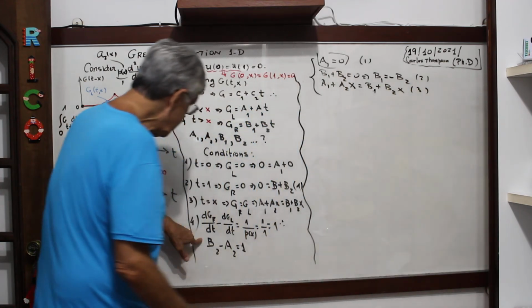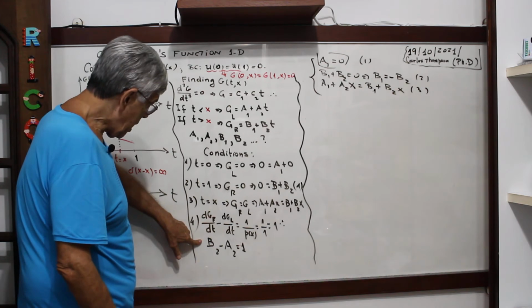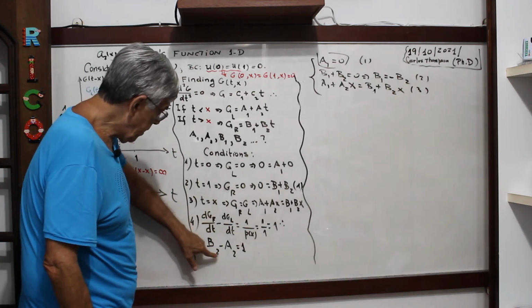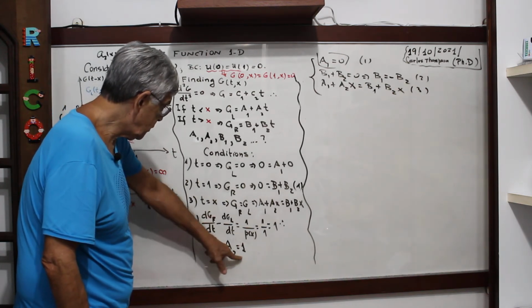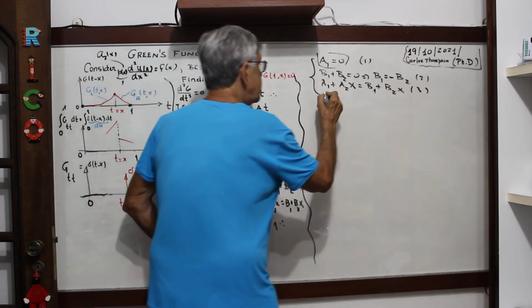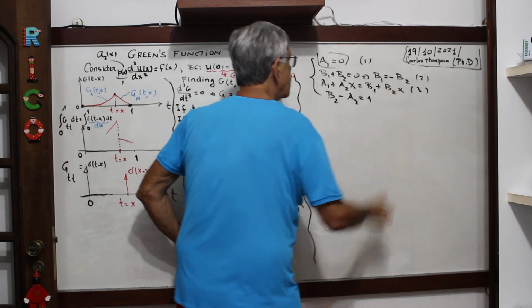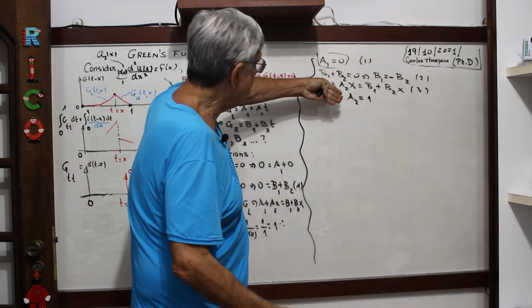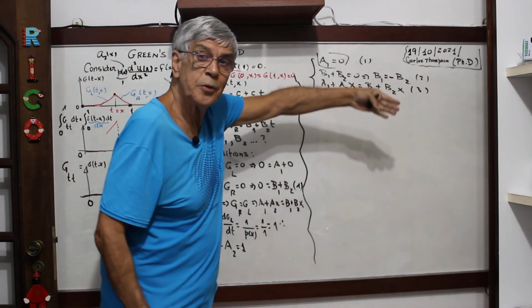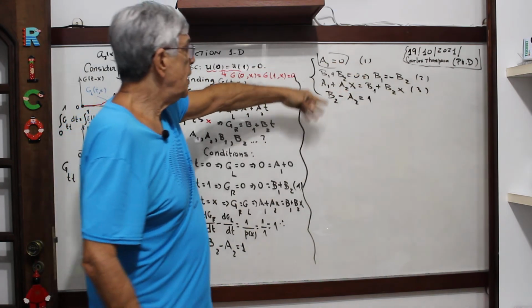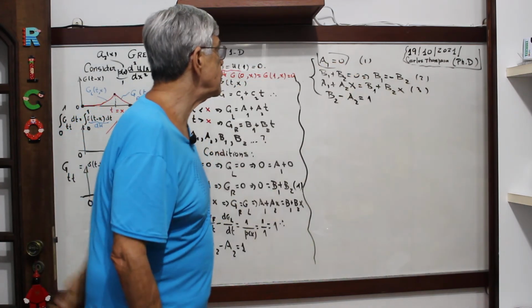And the fourth condition, B2 minus A2 is equal 1. So I have 4 parameters to find and 4 equations.